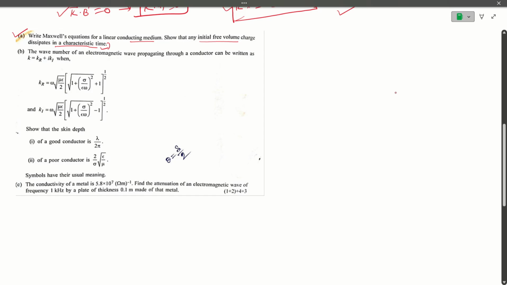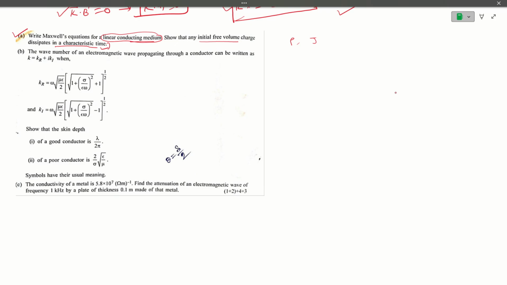So write the Maxwell's equation for a linear dielectric conducting medium, so that any initial free volume charge dissipates in a characteristic time. Okay. So here for a linear conducting medium, we have some charge density rho and also current density J. Okay.